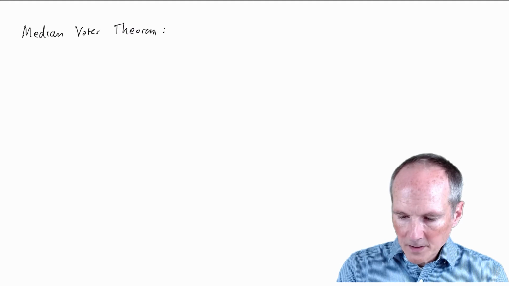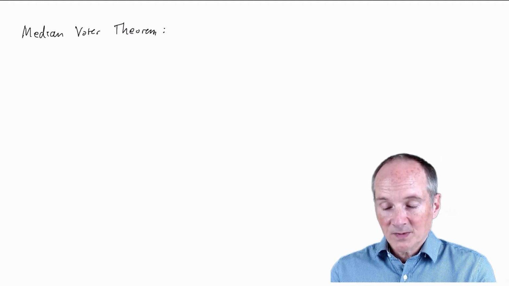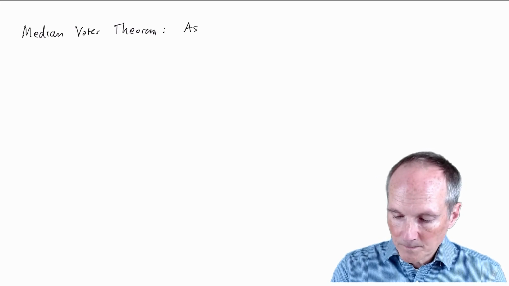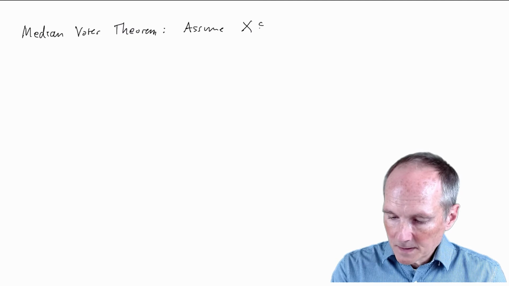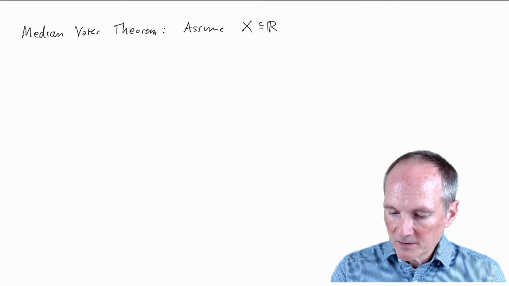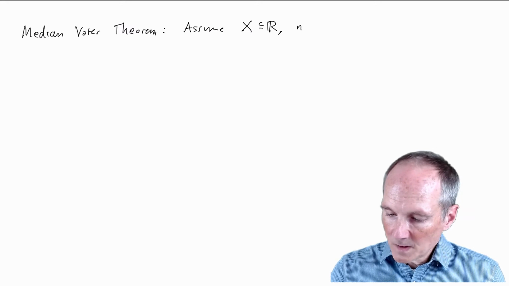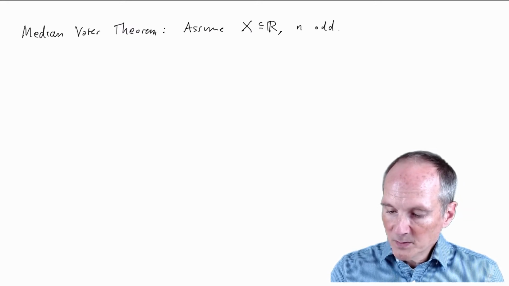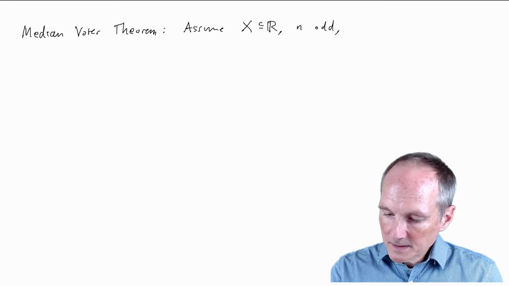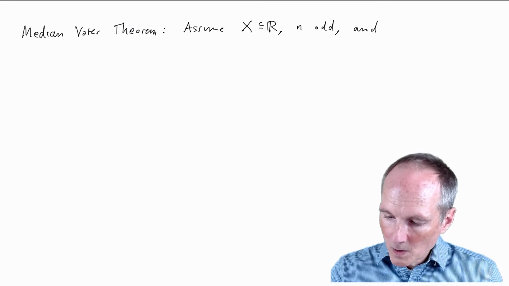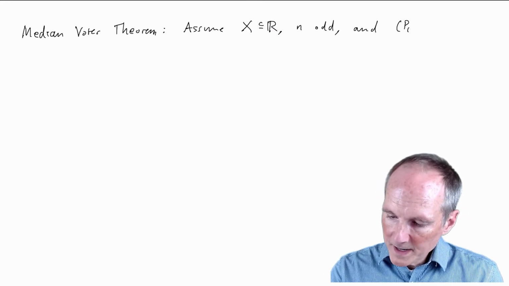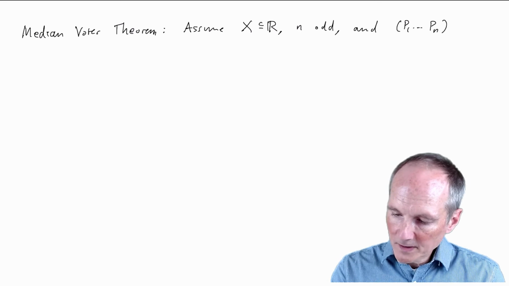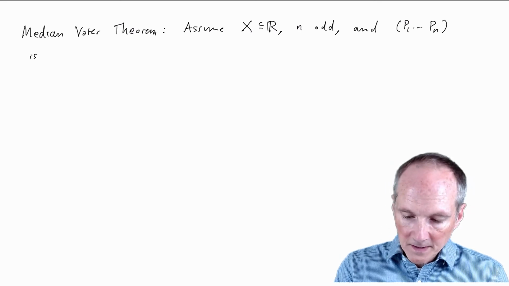All right, now we're in a much more structured setting, so I'm going to start off with a bunch of assumptions. Let's assume that X is one-dimensional, so it's a subset of the real line. And let's assume that there's an odd number of voters. And let's assume that we have a preference profile that's Euclidean.